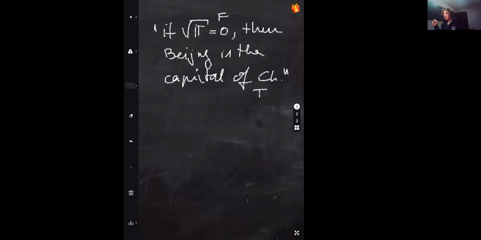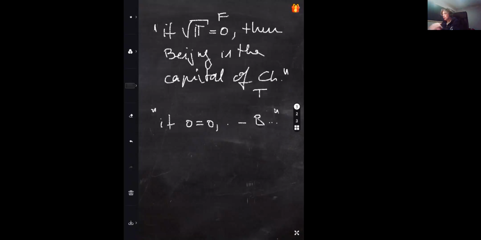Another example is the following. If 0 equals 0, then Beijing is the capital of China. That's also true. It's a bit boring, but it's true.